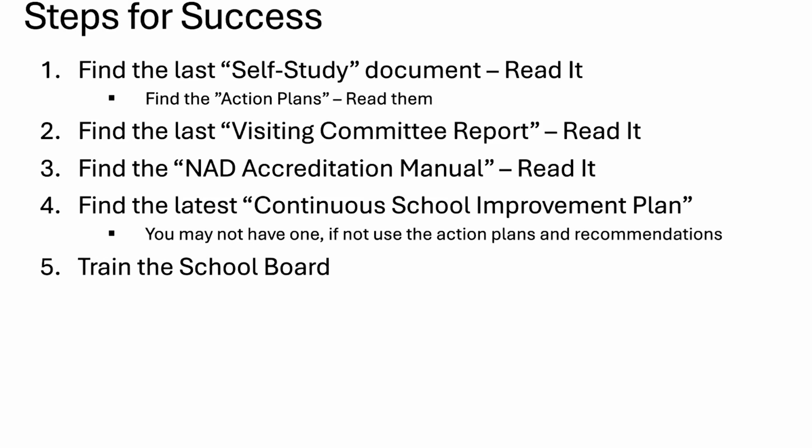And when I say train your school board, some of your school board members may know about the evaluation process and some of them may not. And so it's important to train the whole school board on what these documents are and what the school has to do over the next year or 2 or 6. It depends on where you are in the accreditation cycle.